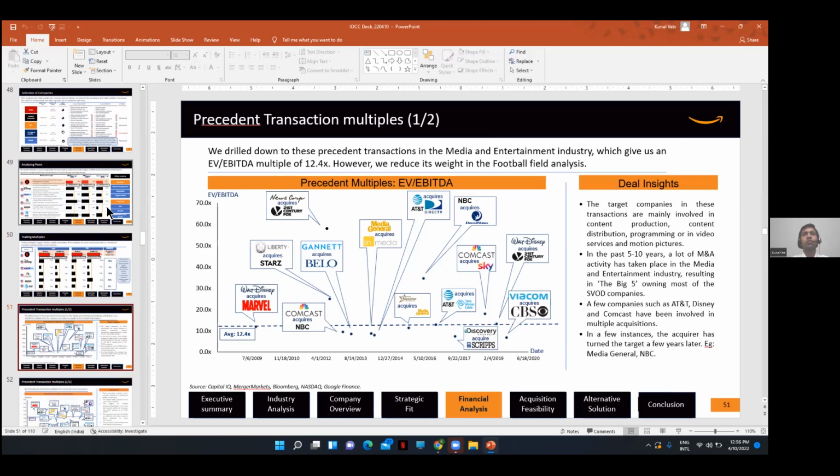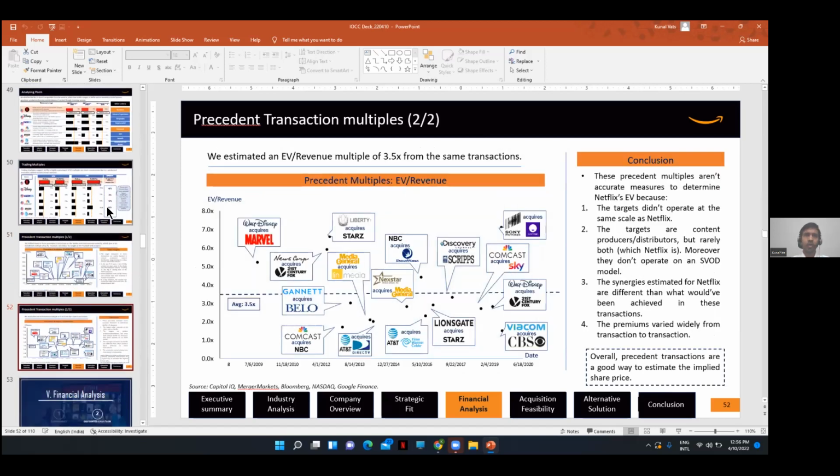The average here comes out to be 12 times. So in layman's terms, that would mean a transaction was executed at 12 times the enterprise value of the EBITDA. For example, when Comcast acquired NBC, they would have done it at an average of 12 times the EBITDA. That is the meaning that's coming out. And similarly, we have EV by revenue as a multiple here, and the average is 3.5x.